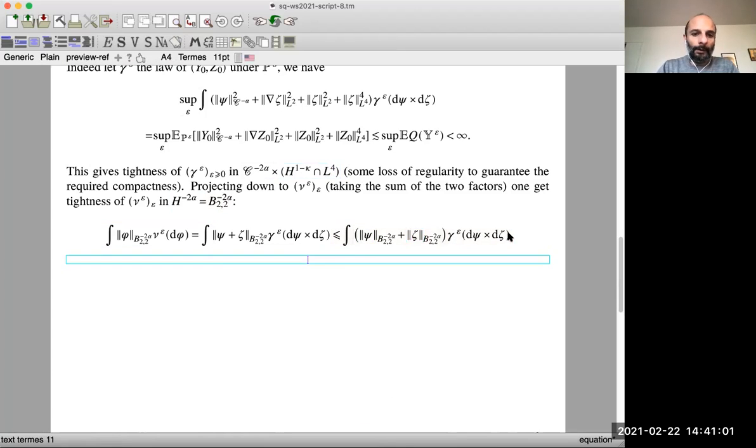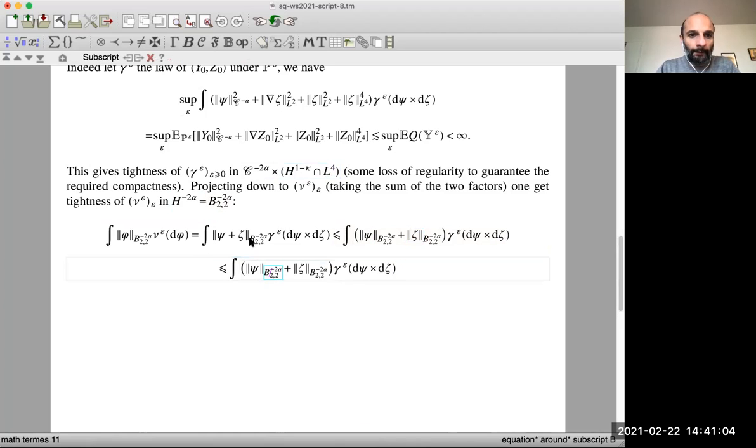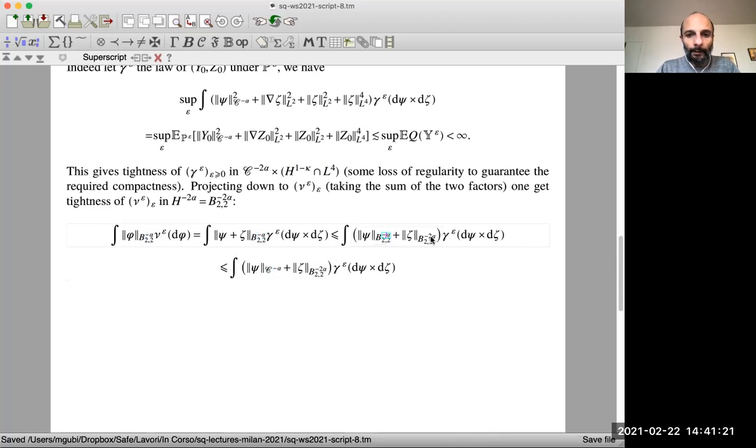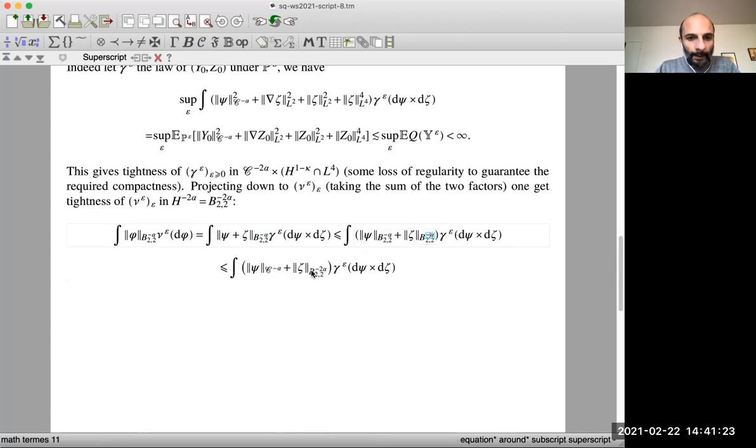And now you see that. Okay, here you can replace with C, because somehow it's like going from L2 to L infinity. That's fine. Sorry, I think it's enough like this. And here you can go to H1, for example, if you want, because you have the control of the H1 norm here.